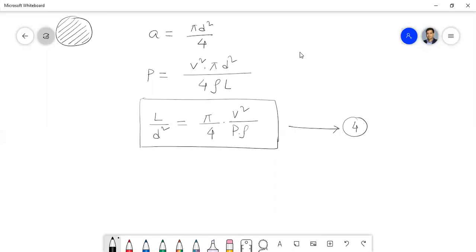Now the next expression we should find out from the existing thermal law, that is Stefan's law.